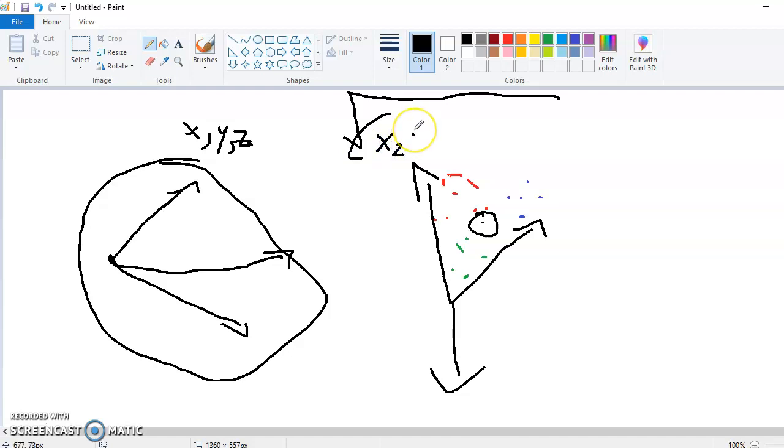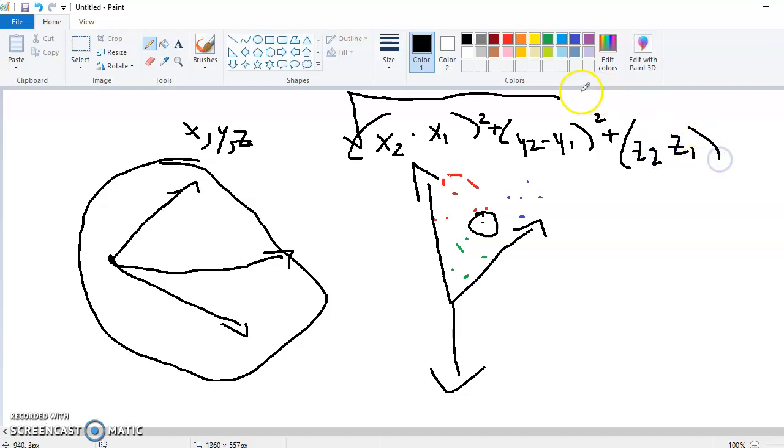That x2 minus x1 squared, and then plus y2 minus y1 squared. Only now, since it's in 3D space, we also need to add that z coordinate. So now it's just z2 minus z1 squared. And then again, this whole thing is under a square root.